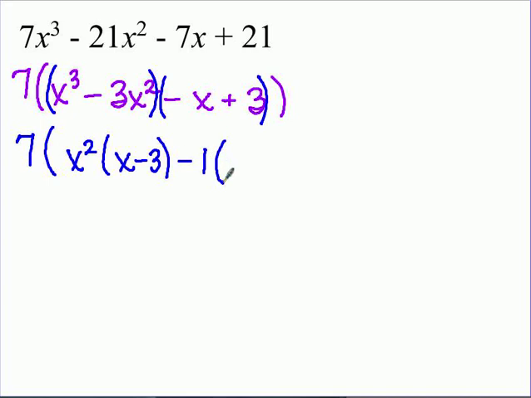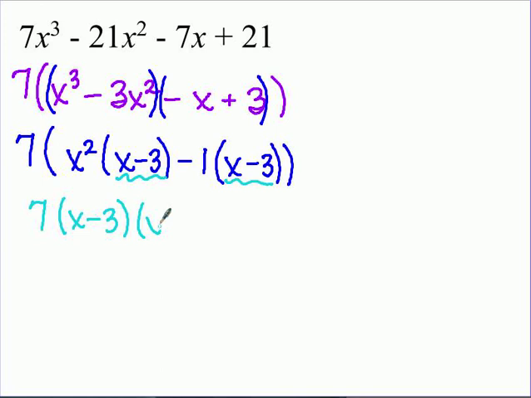So the x's match up, and so I have an x minus 3. Okay. So then now, I've got my 7. What will be one of the factors? x minus 3, because that's the one that's in common with each of these. What's the other factor? x squared minus 1.